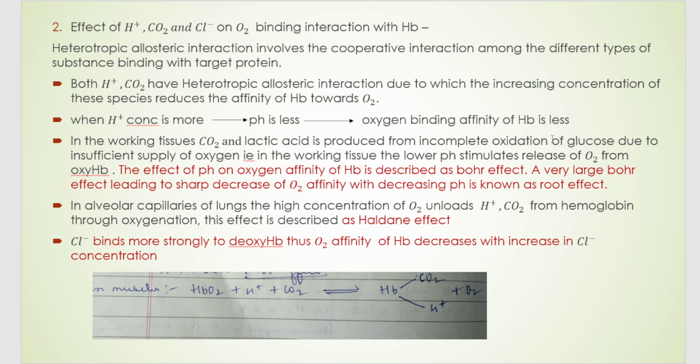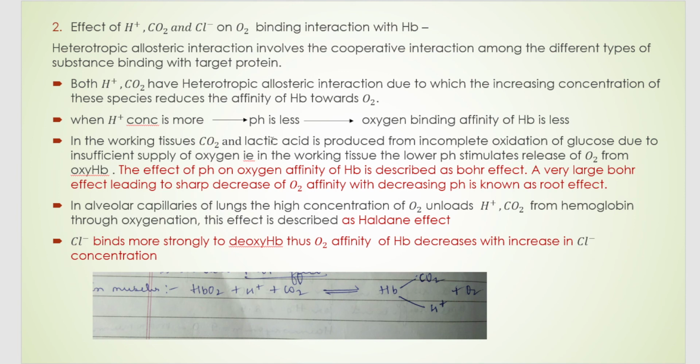Because of incomplete oxygenation of glucose. You know that in tissues there is glucose which undergoes oxidation, but because of lack of oxygen, there is incomplete oxidation, producing carbon dioxide and lactic acid because of insufficient supply of oxygen, because of which a large amount of carbon dioxide and lactic acid is released in your tissue.